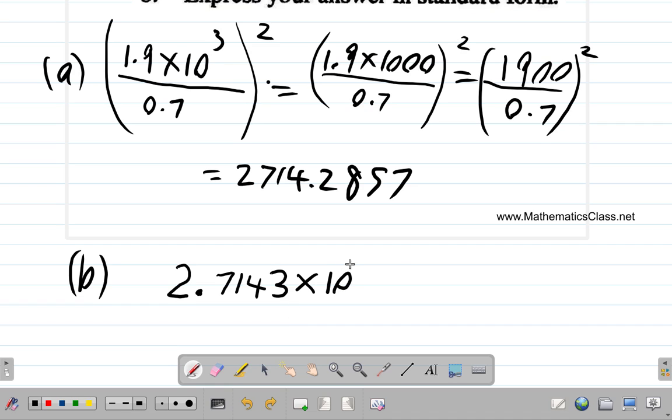So times 1,000 means you multiply by 10 to the 3, because if you multiply this by 1,000, what you're really saying is we have 2.7143 times 10 to the power of 3. And this now is your answer in standard form.